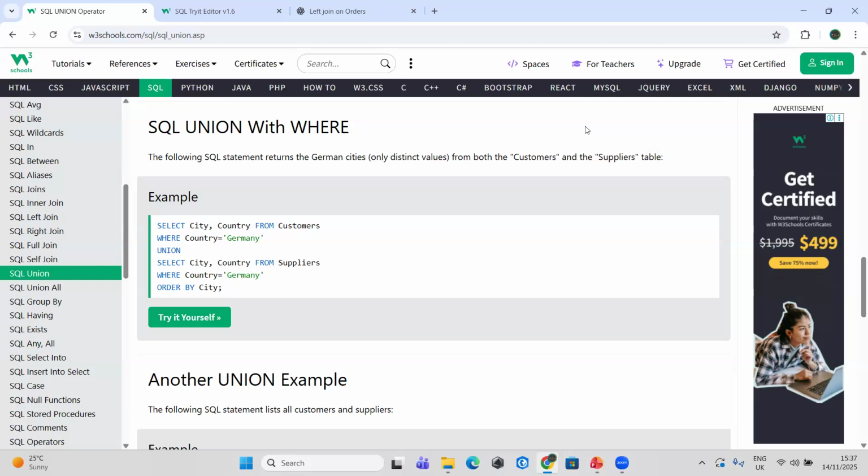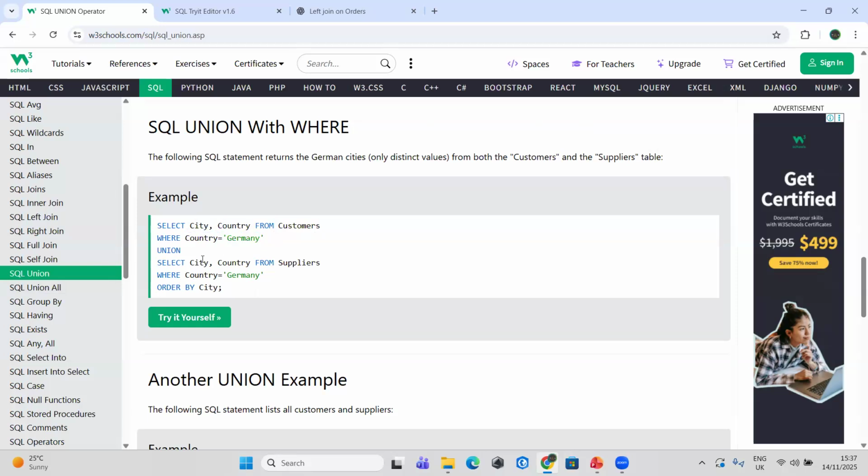Okay, now you know what union is. What it says is take the city and country columns from the table customers, only where the country is Germany.